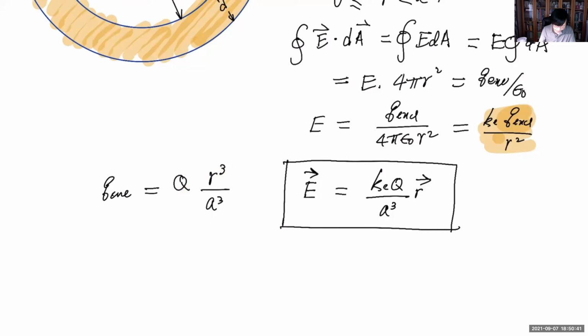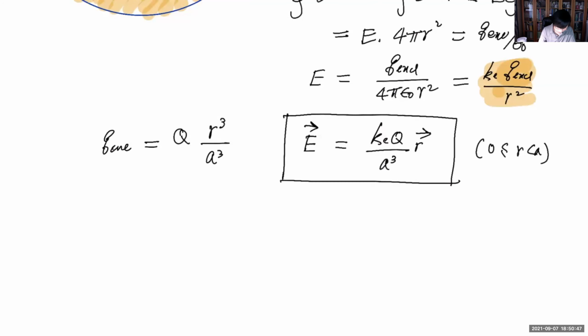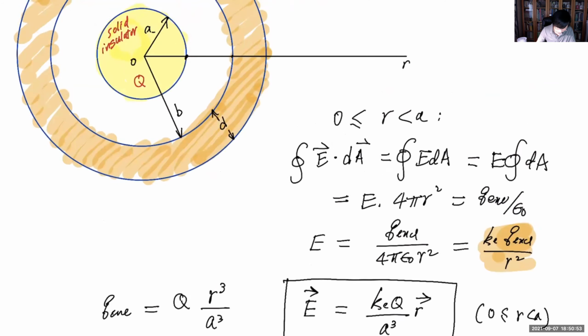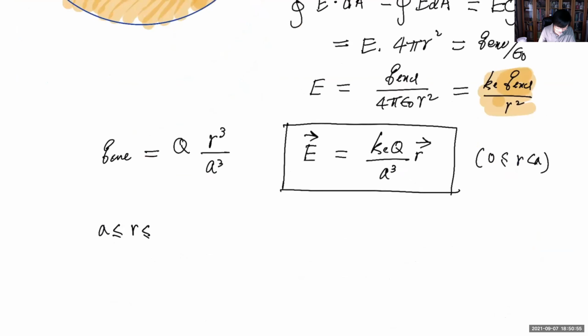So now we have, this is between 0 and A, but between A and B, Q enclosed this time equals big Q. That's it.